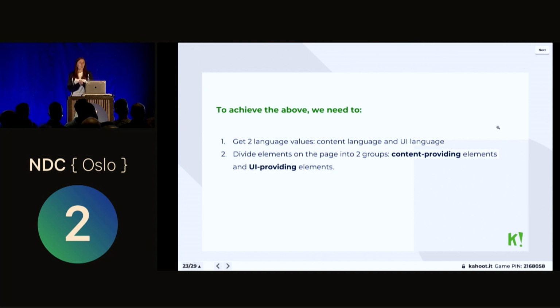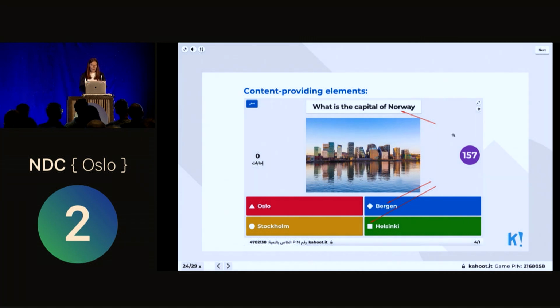To achieve that, we need to do the following. We need two values: our UI language, which we can choose before starting the game or during the game, and also our content language, like quiz language, which you choose when you create the Kahoot, the quiz. Then we need to divide all the elements on the page into two groups: content providing elements like questions and answers, and UI providing elements, all the rest. Here is the example. What is content providing?